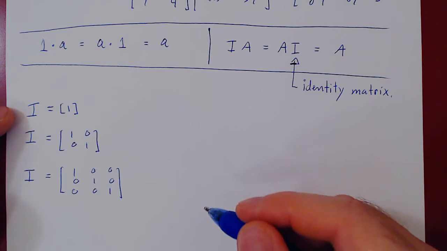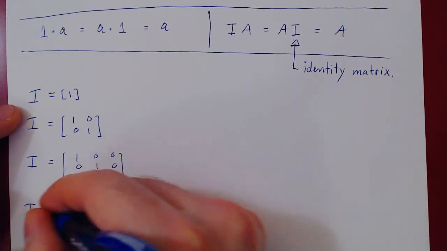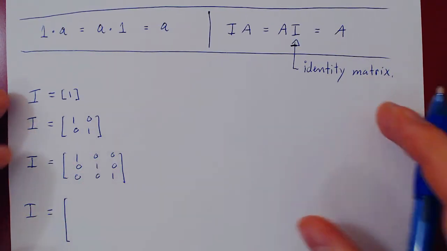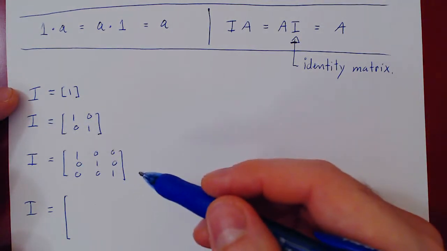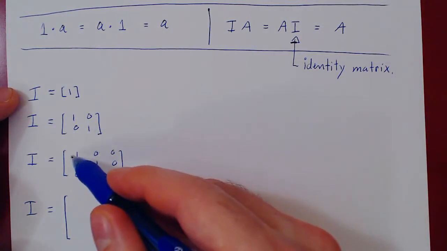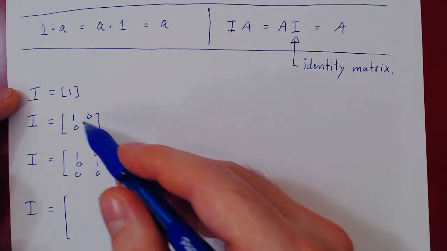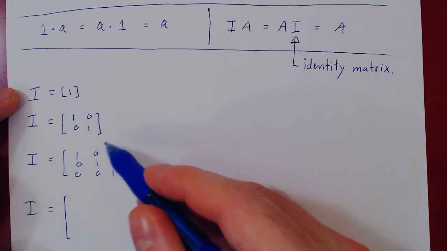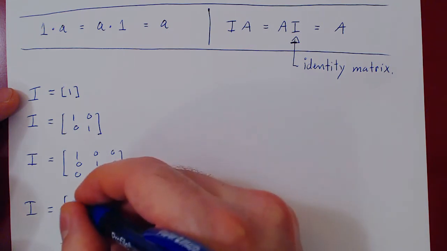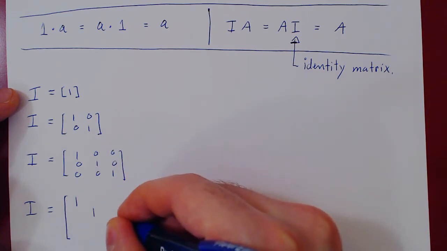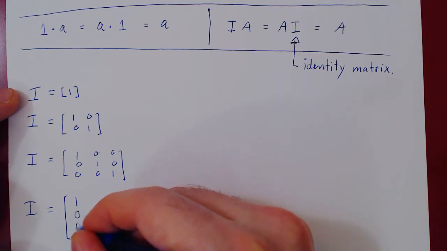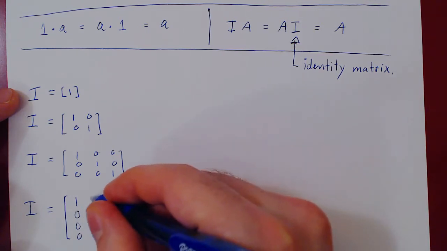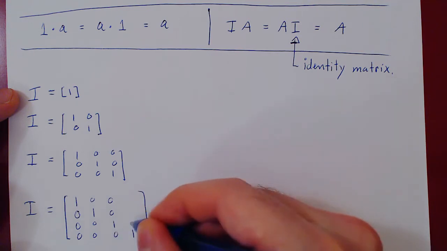If A were 4 by 4, I would be a 4 by 4 matrix. And you can see the pattern, right? If you think of it, the simplest way of describing this matrix is, on the main diagonal, the entries are 1. Off the main diagonal, the entries are 0. So this would be 1, 1, 1, 1. Zeros everywhere else.